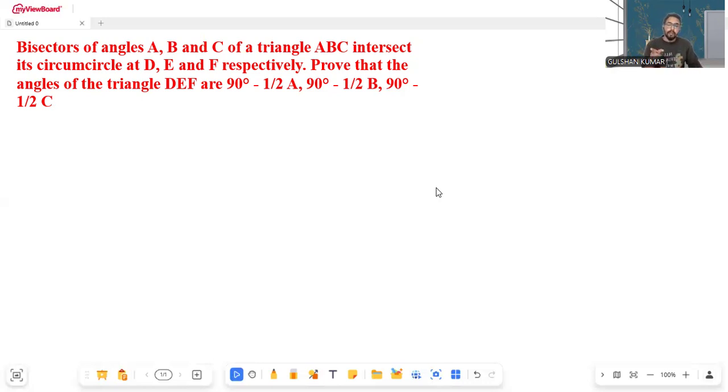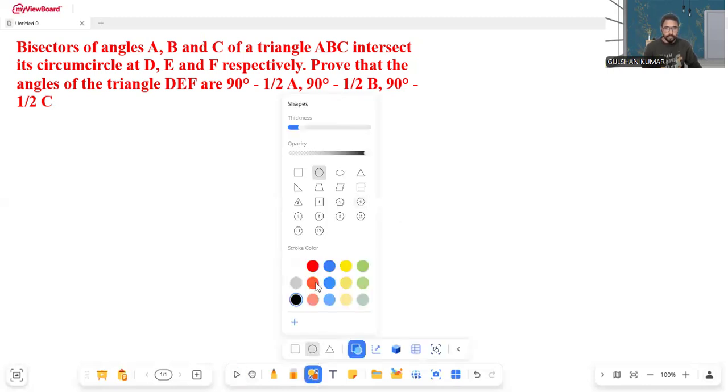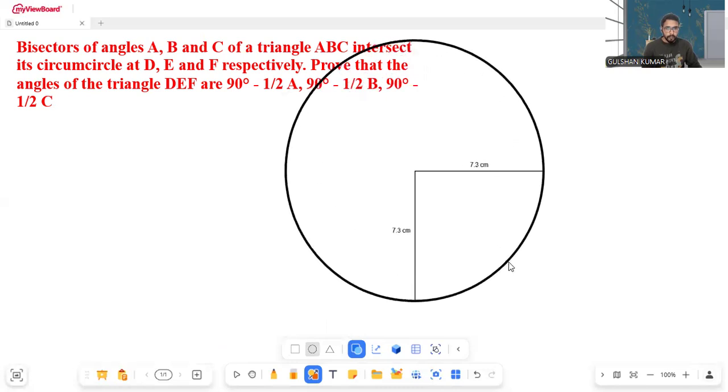So first of all, our approach is to make a figure, a diagram, so that we can easily understand it. First of all, we draw a circle here.